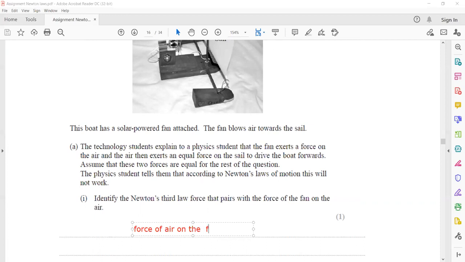So that will be the Newton pair force. A fan applying force on air, air will apply equal force but in the opposite direction.